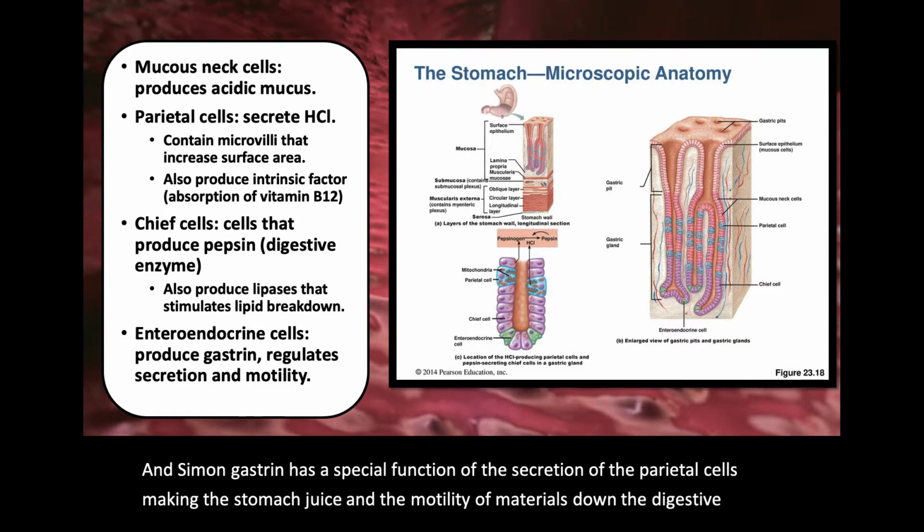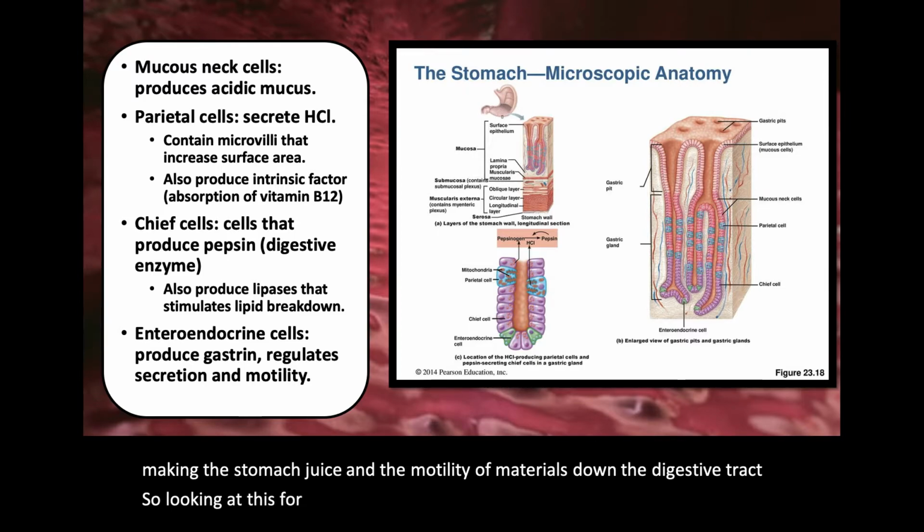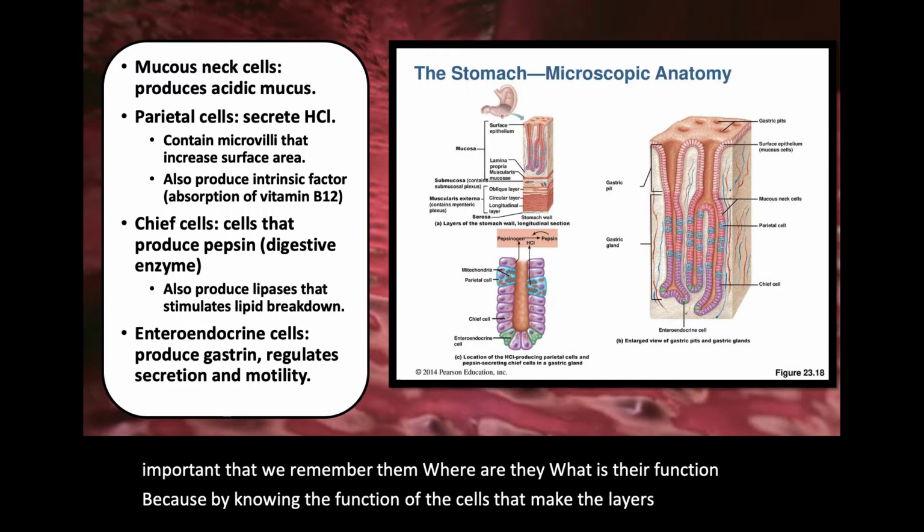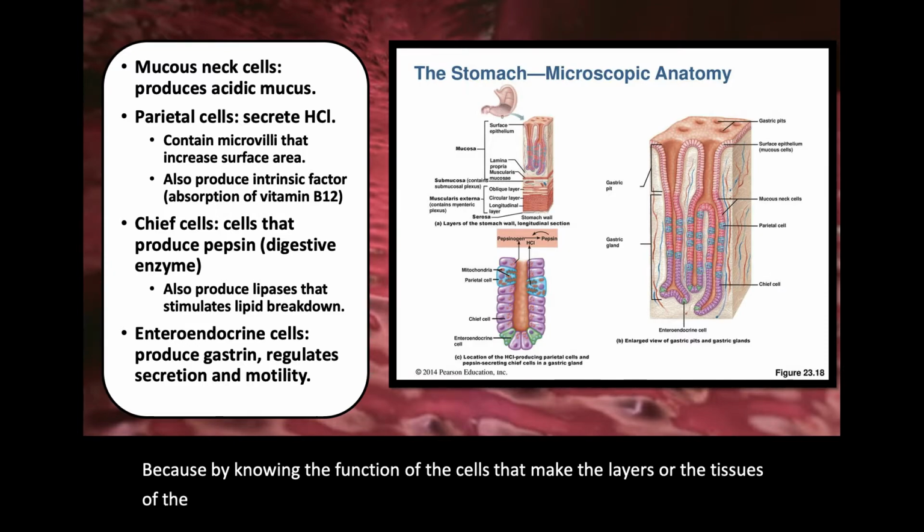So looking at these four cells and what the stomach is going to do, it's very important that we remember them. Where are they? What is their function? Because by knowing the function of the cells that make up the layers or tissues of the stomach, it gives us a clearer image of what we are studying.